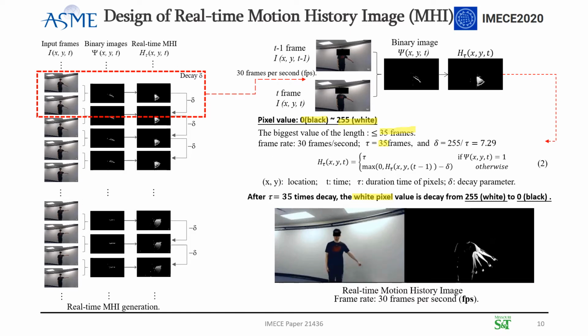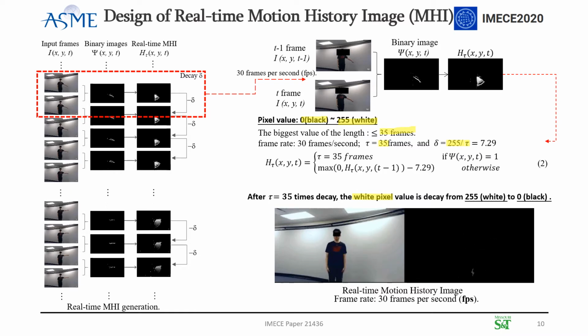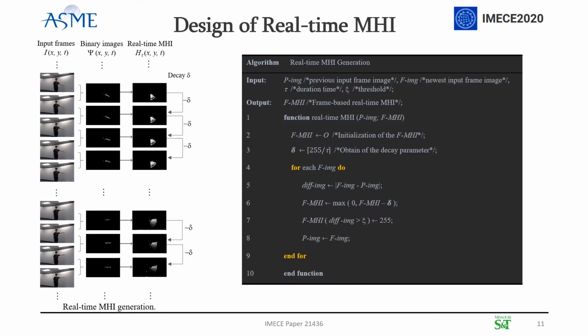So the decay parameter can be calculated using 255 over 35. The result is 7.29. And we can use this in the final function to generate the real-time motion history image. This is the decay parameter, delta. This is the pseudocode of the real-time motion history image generation.